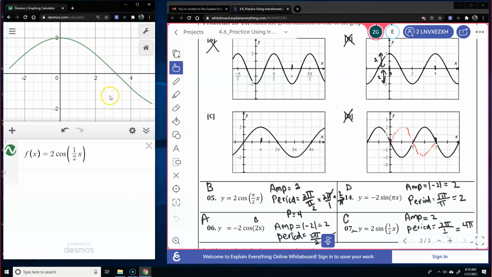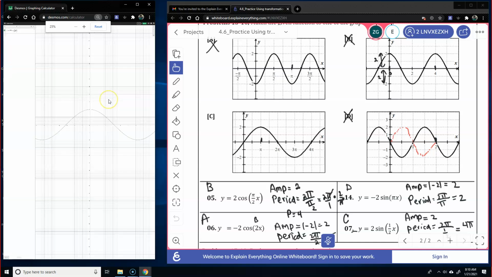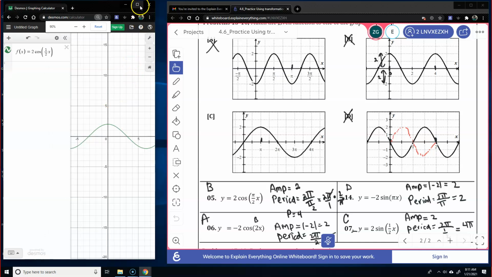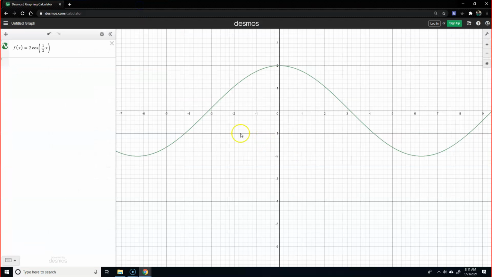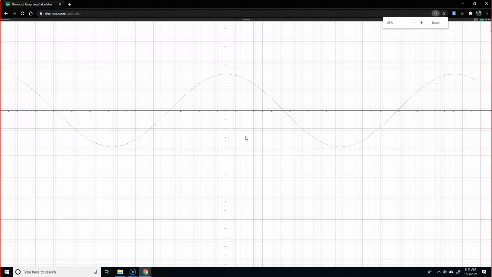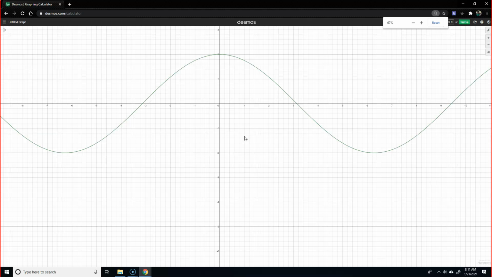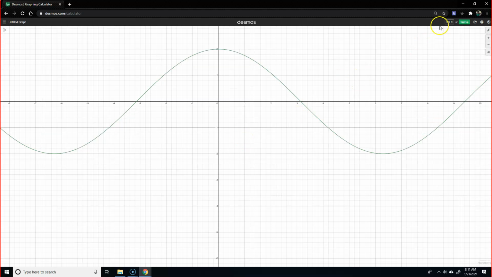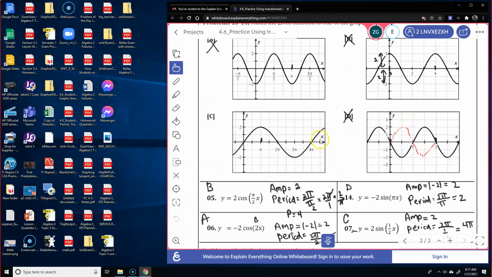I'm going to actually shrink it. No, I'm going to make it larger. And you're going to notice that it is 4 pi. I just couldn't fix it, but it is 4 pi. So your answer is C.